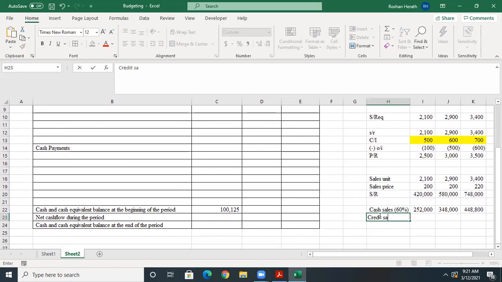Credit sales. It's 40%. For credit sales we know the cash is collected in the next period, right? Cash proceeds.